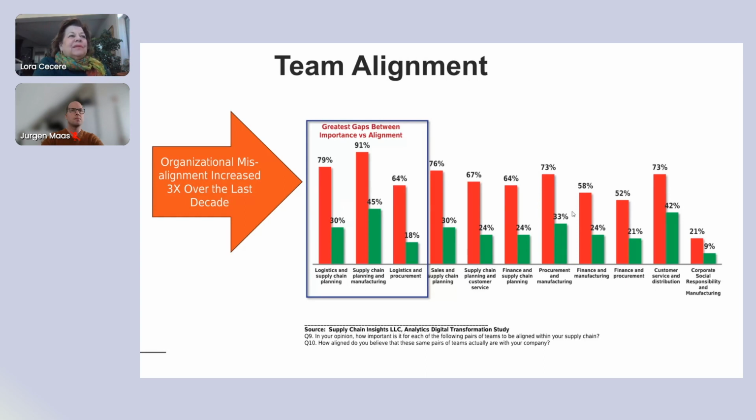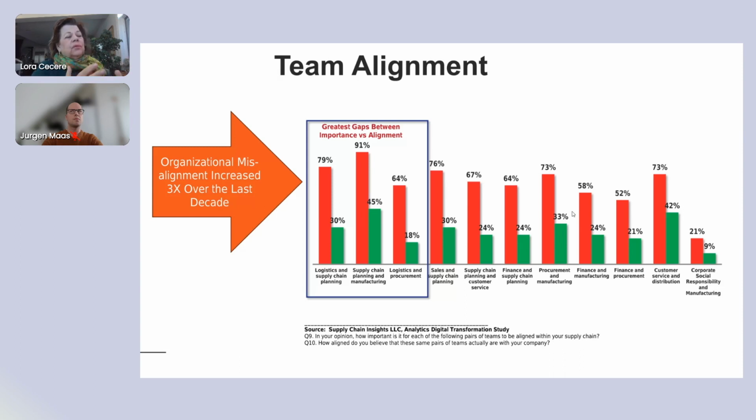Because most organizations are struggling with alignment. And this is actually research I've done over the last 2 decades. And I find that misalignment has increased threefold as we've become more global, as we have more variability. And a large factor in this misalignment is the lack of clear definition of what is a good supply chain and how many flows do I have and what should be the output for each.